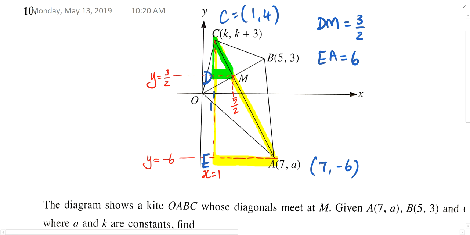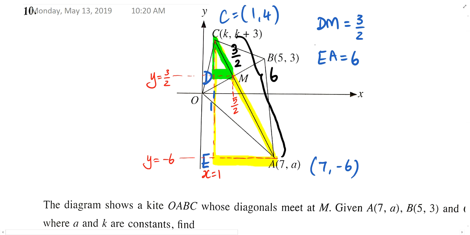Do you agree? Yes. Okay, so let me put it down. This part over here in ratio must be 3 over 2, and this over here must be 6. Take note, these 3 over 2 and 6 are not the length, they are ratios.